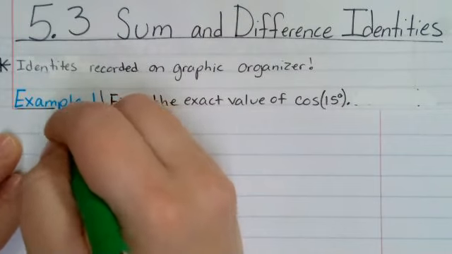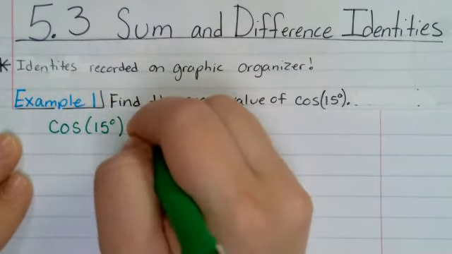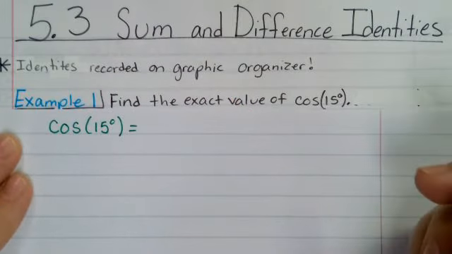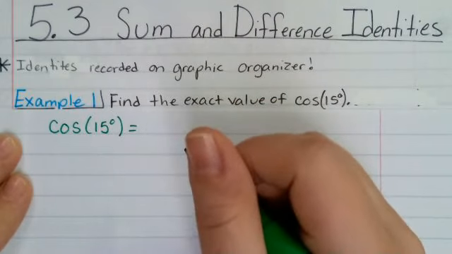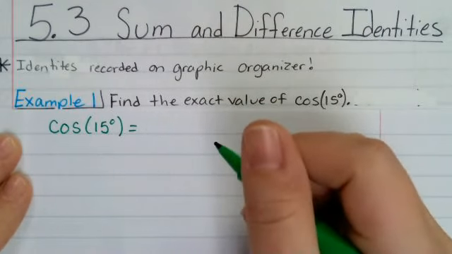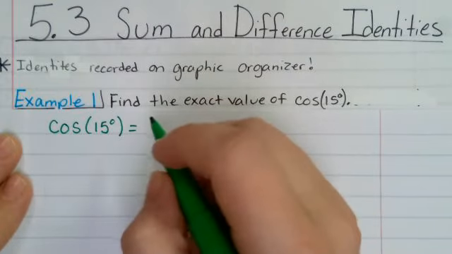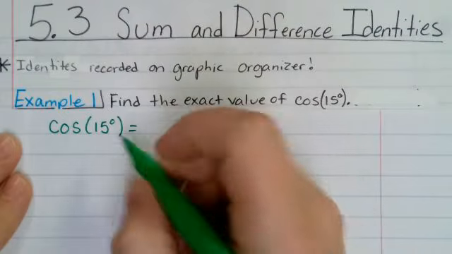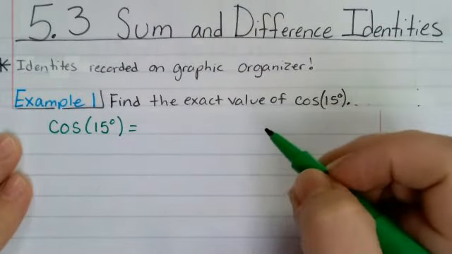So look here, we're going to have cosine of 15 degrees again. That's going to be equal to, and I want you to look at this, we have special angles. We've got 30, 45, 60, 90, all those different things, right? Okay, I want you to visualize, how could I get 15 degrees using two of those special angles?